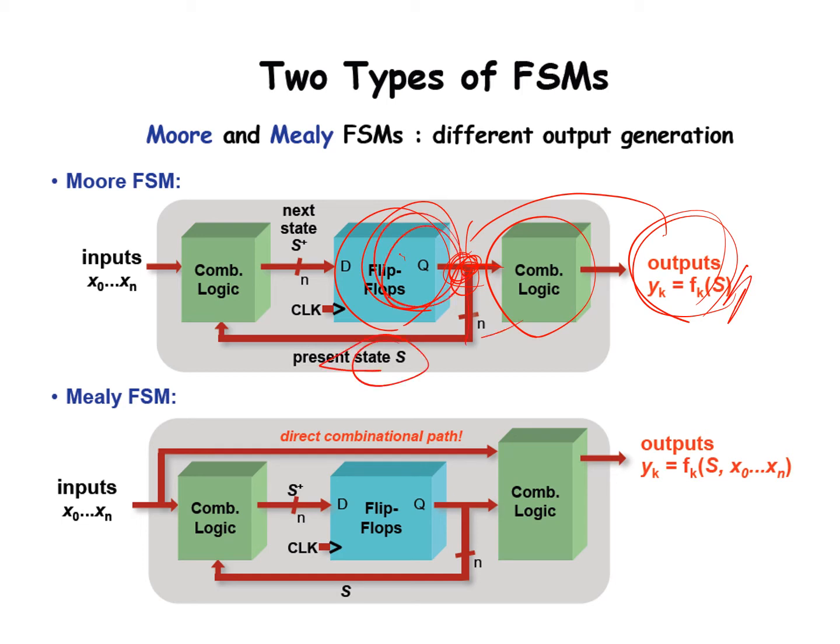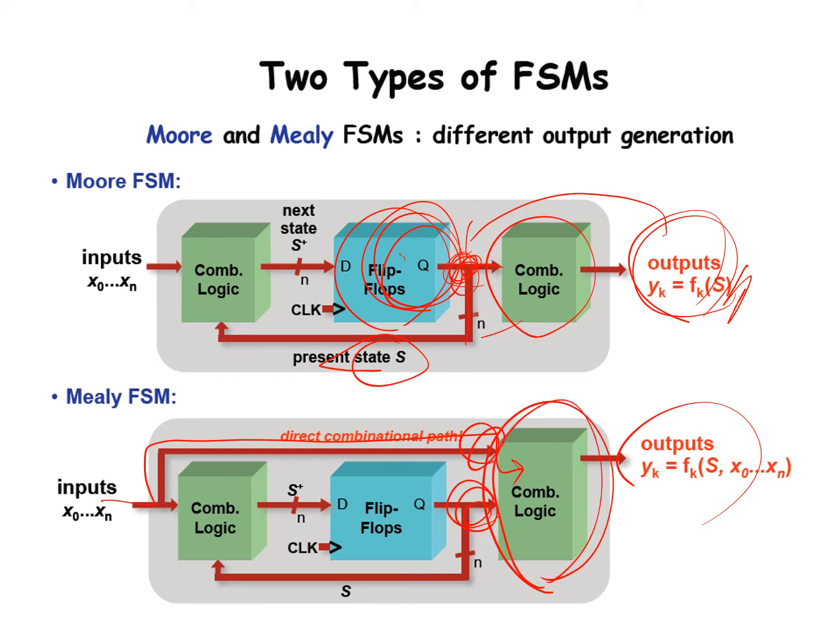On the other hand, the Mealy machine's outputs are determined by the state as well as the input. So there's combinational logic at the output, and the input directly feeds through to that combinational logic.